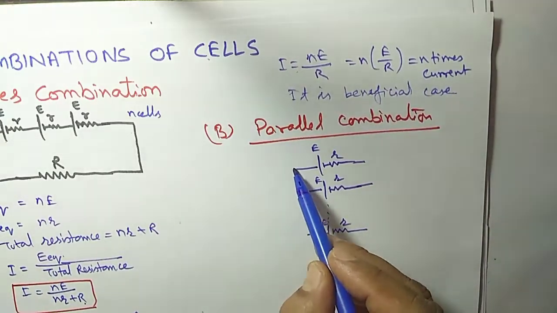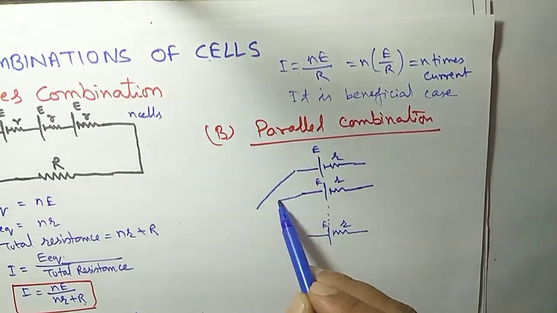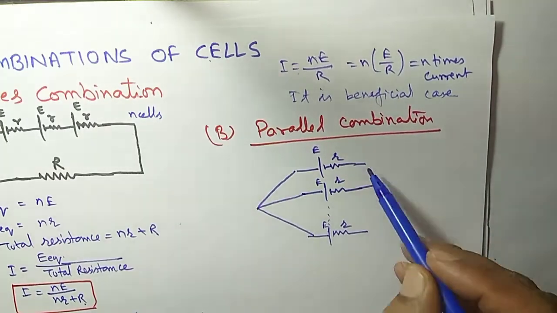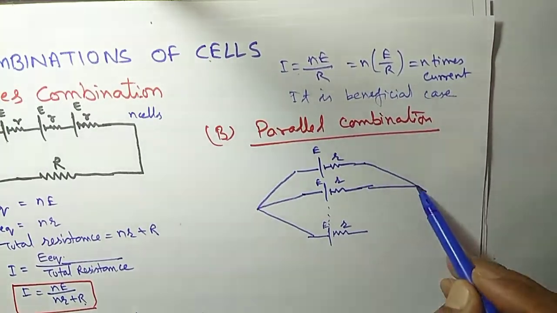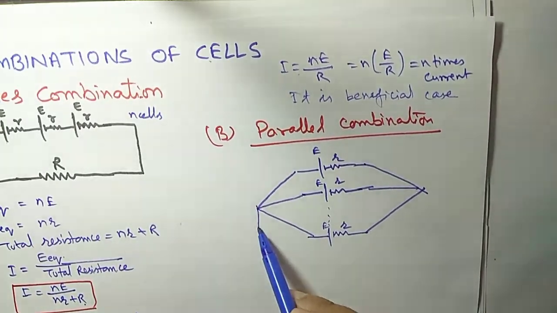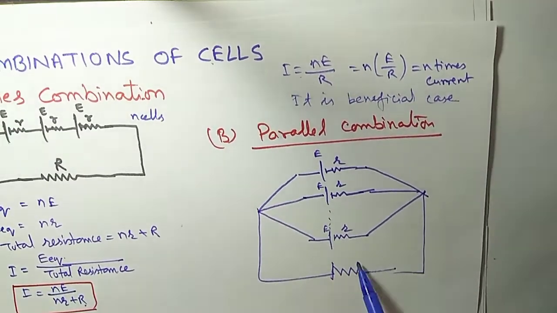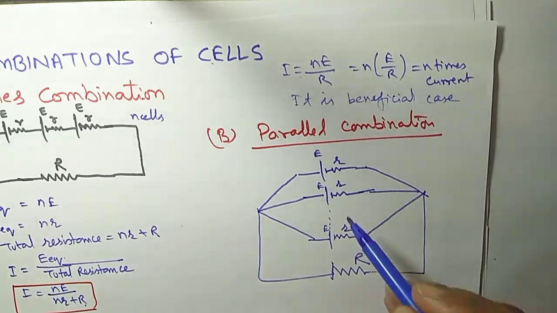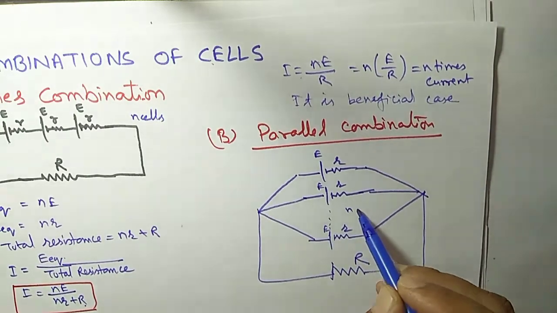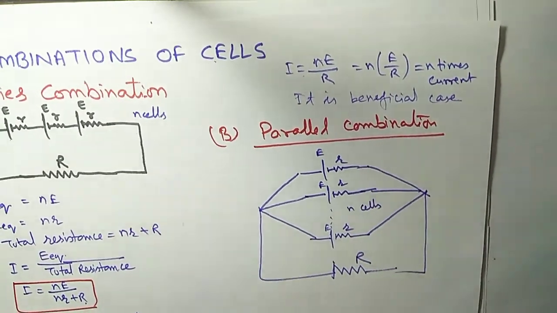Connect all the first terminals of each cell at one point and the second terminals at a single point, and connect this with the external resistance capital R. So these are the n cells.